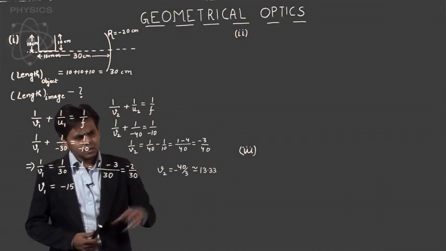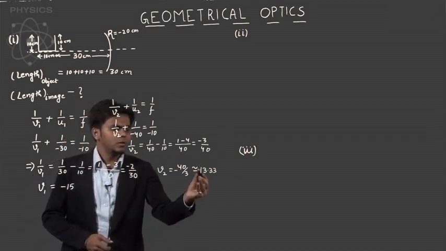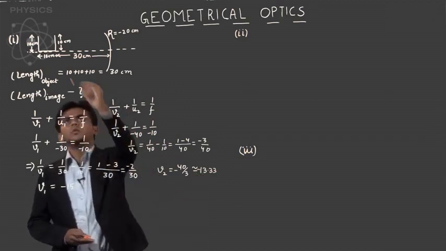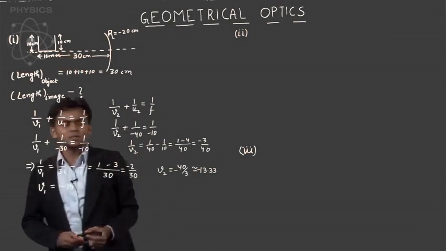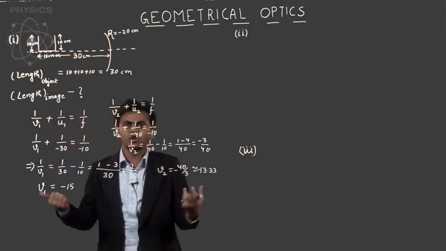Now, V1, V2 is giving you the location of these two endpoints. If I subtract them, I get the horizontal length.